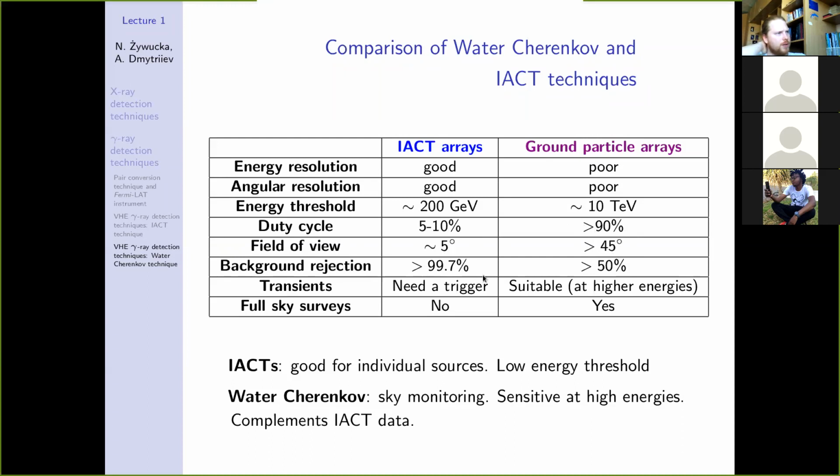Background rejection is very good for IACT arrays and quite medium for HAWC and ground particle arrays. The figures here are for HAWC specifically, and for IACT arrays, this is one of the major arrays like HESS, VERITAS or MAGIC.